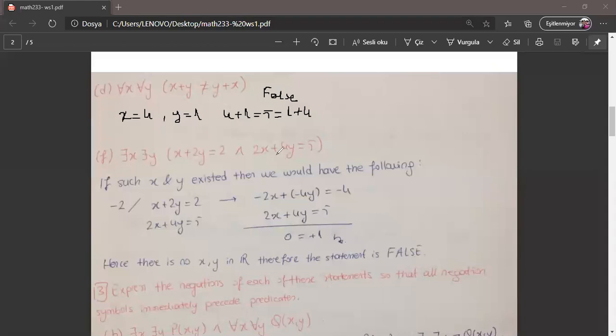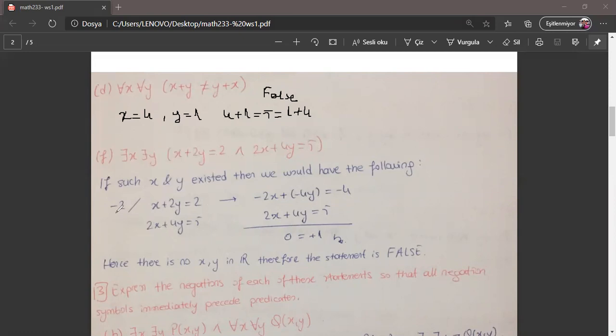And now we have this part. There exists some x and there exists some y such that they give these equations at the same time, because we have here "and". So if such x and y existed, then we would have these two equations as in here.